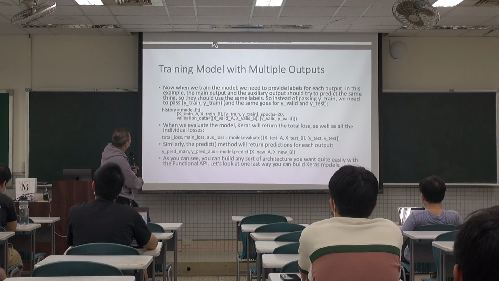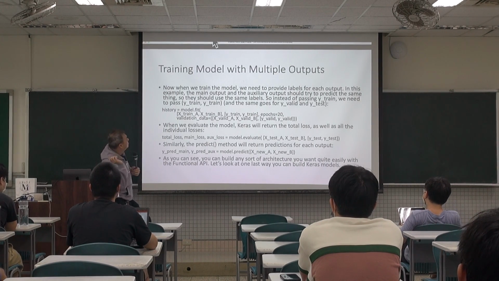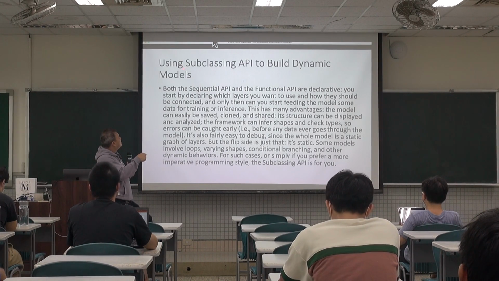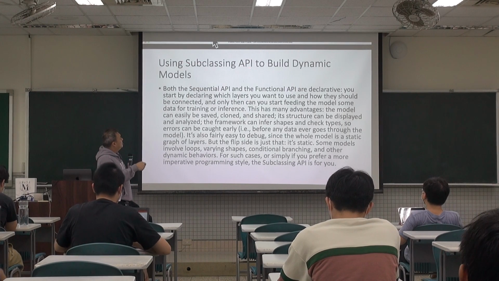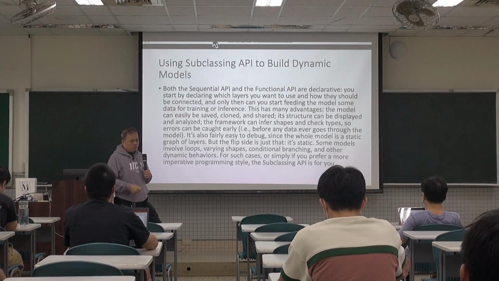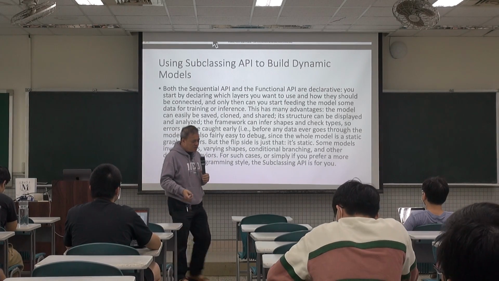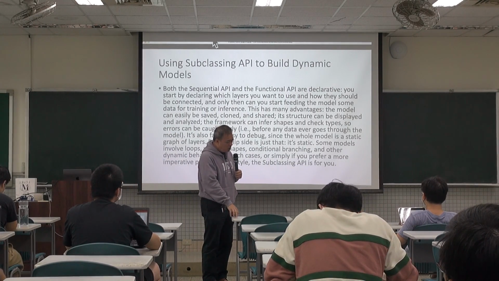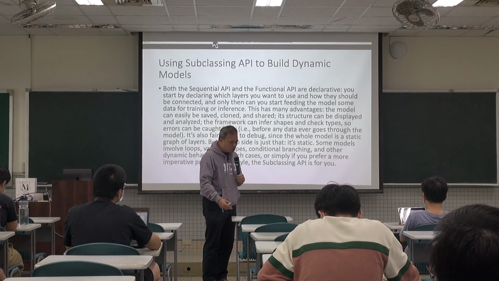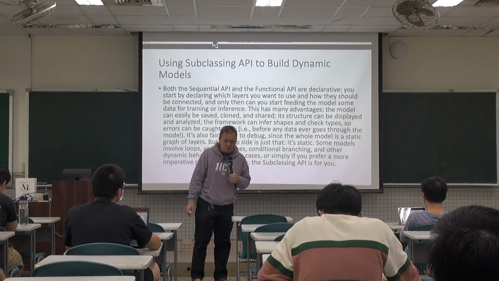But we actually have a third way, called the Subclassing API, in Keras to build the model. As I already told you, no matter how complicated the model is, as long as you can draw it, we can use the functional API to create it.